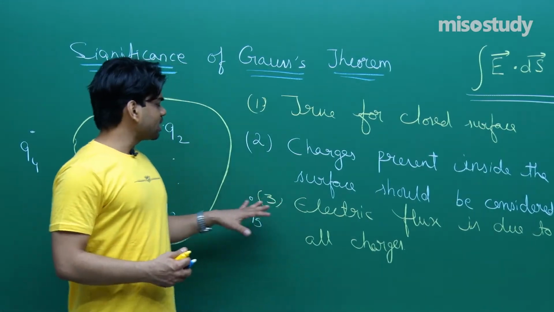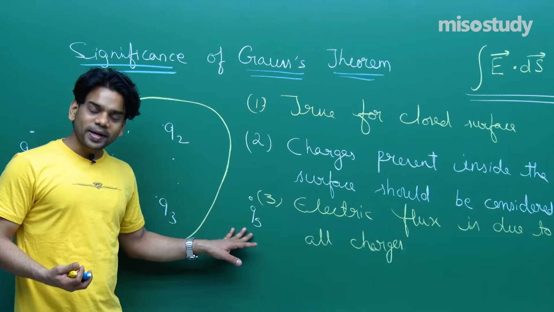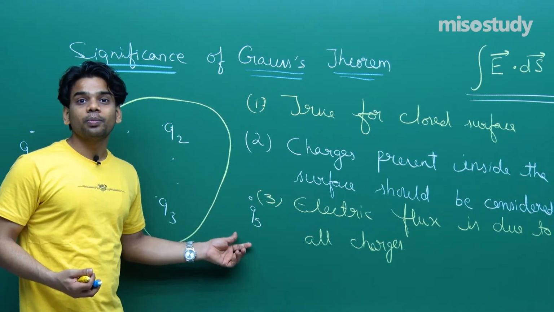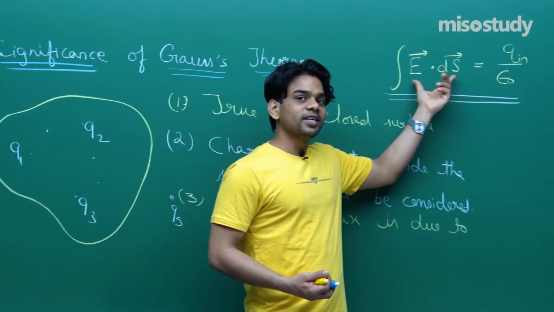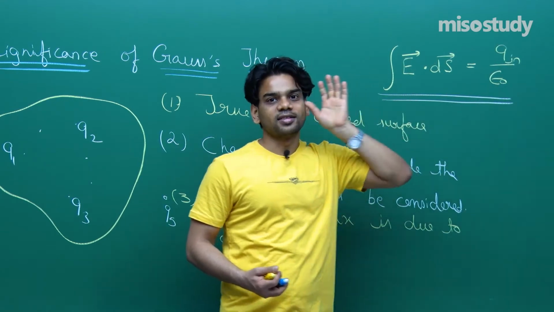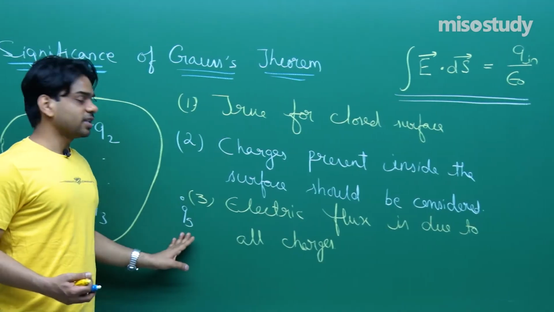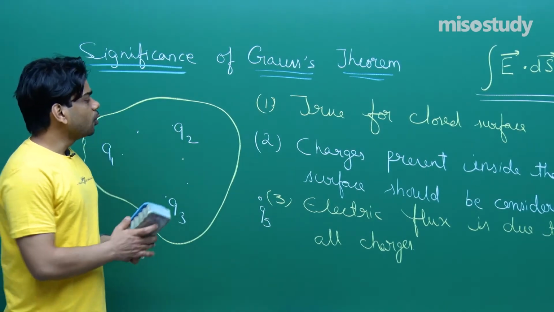The only thing is that their net effect on the electric flux comes out to be 0, but yes, they also build up the electric flux. The net electric flux here is due to all the internal and external charges, but while calculating, we consider only the internal charges, because the external charge effect will actually add up to 0.